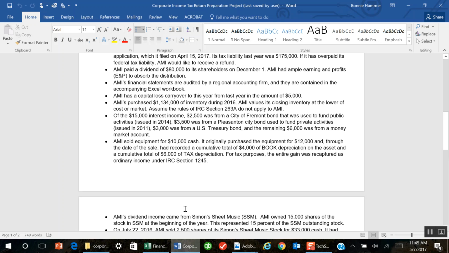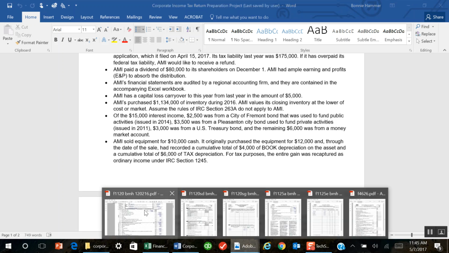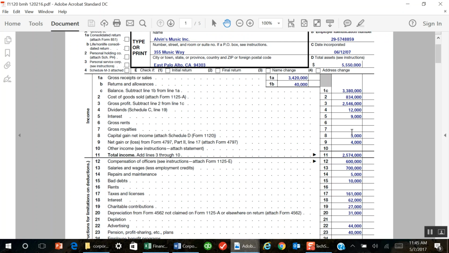So I should have seen on your tax return on line 9, I should have seen a $4,000 tax gain. Whereas for books, it would be $2,000. Okay? But remember, I'm not presenting things here on a book basis.